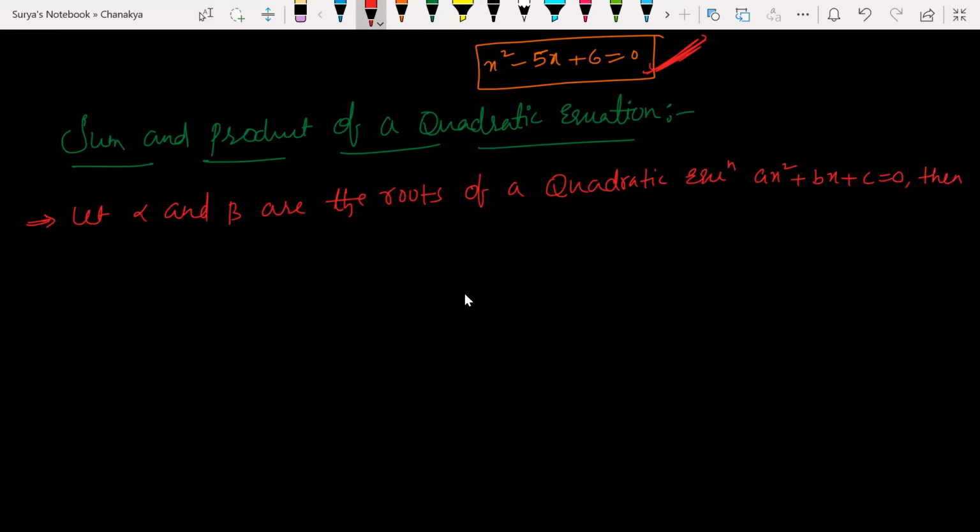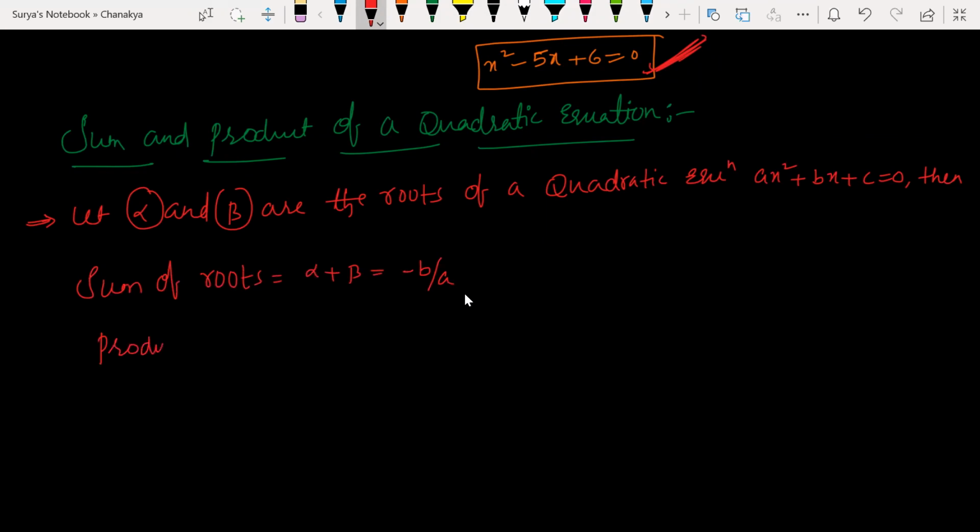Then sum of roots is equal to alpha plus beta. Sum means I have to add alpha and beta here. Alpha plus beta is equal to minus b by a.